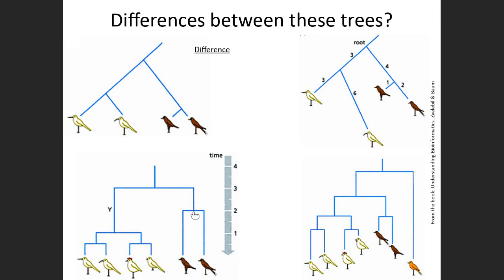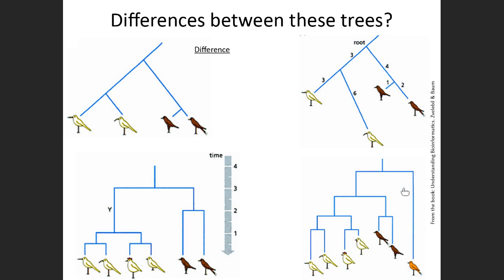So the ancestor to these two guys is this one. When did it live? Well, it started existing when there was this speciation event here. So it lived between 2 and 3, whatever the scale is, but often it's millions of years ago. Okay, so the speciation event was 2 million years ago, or whatever the unit is. But when did this guy live? It lived between that and that.